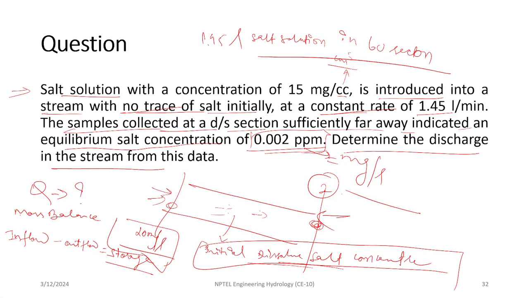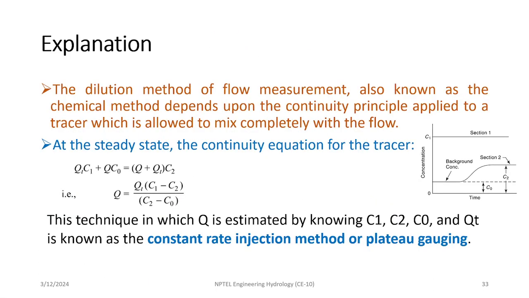Firstly we will see the expression we are going to use in this case. Here the dilution method will be used. The dilution method of flow measurement, also known as the chemical method, depends on the continuity principle applied to a tracer which is allowed to mix completely with the flow.